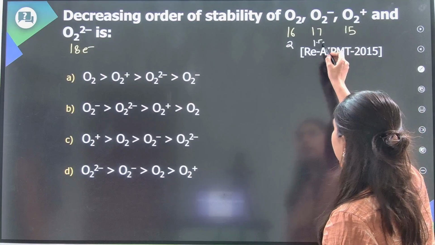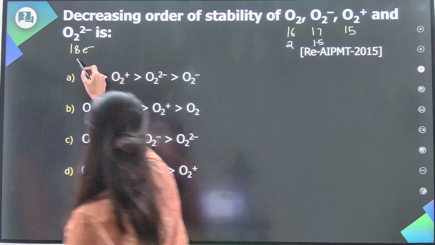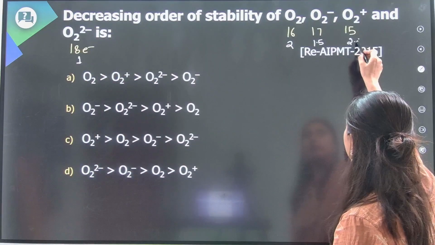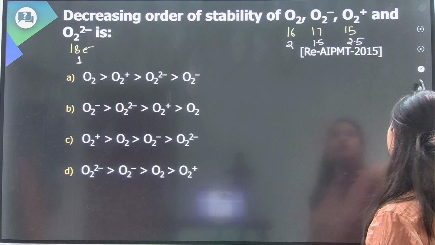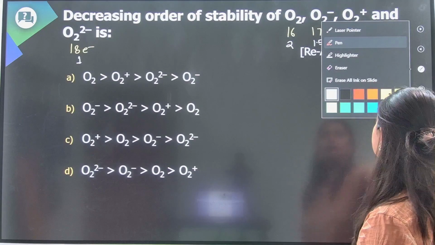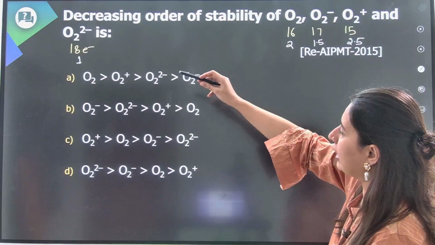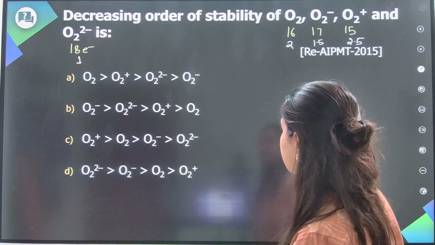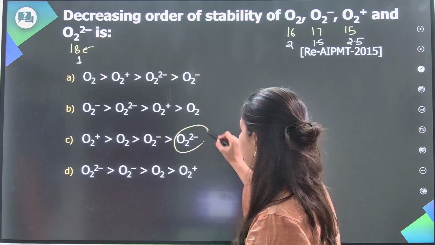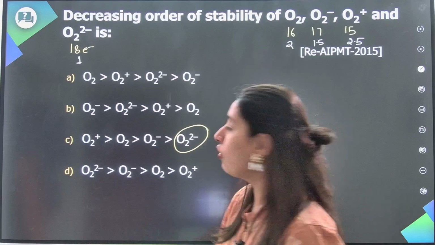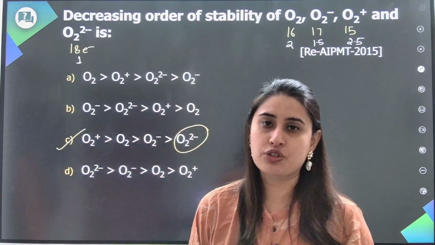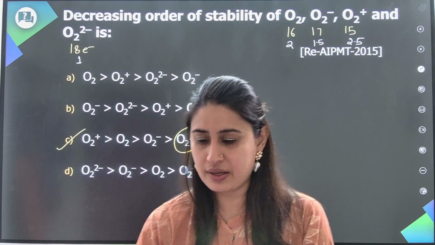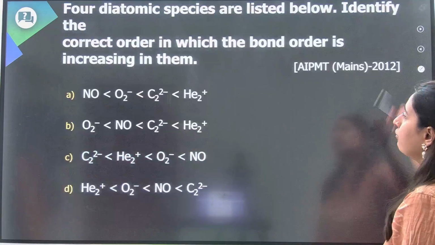So this was 1.5 and this was 1. And if you see O2 plus, it was 2.5. So from the trick, we can very quickly observe that the 18 electron system O2 2 minus is going to have the least stability, which is in just one option, and there we go. We know the right answer to this question will be option C.